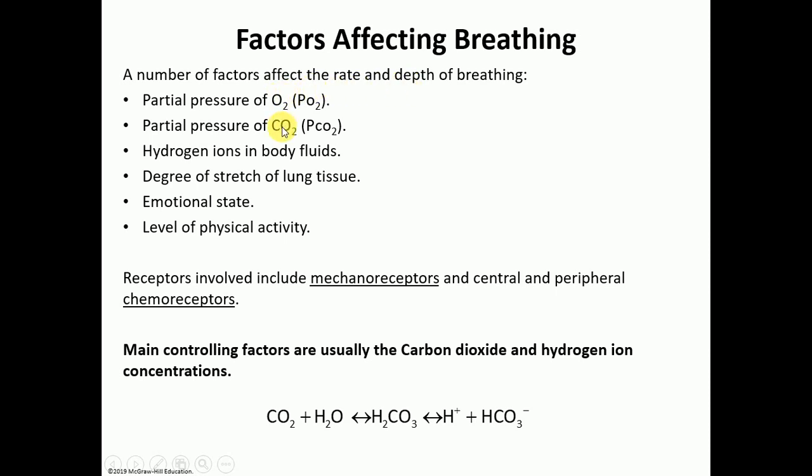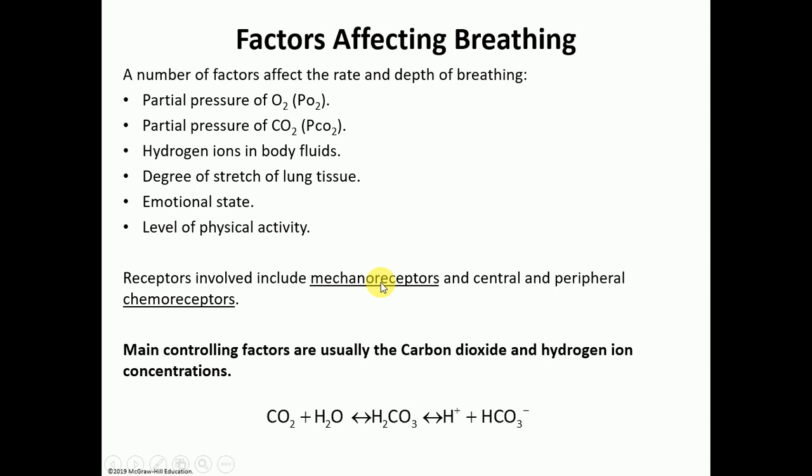One more time: the partial pressures of oxygen and carbon dioxide, hydrogen levels in the body fluids, stretch of lung tissue, emotional state, and physical activity levels. When we inhale, we are going to stretch different receptors, known as mechanoreceptors. We also have other receptors that are chemoreceptors.